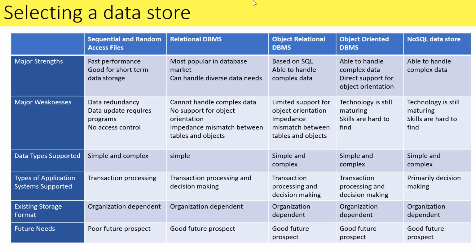We have files, or sequential and random file access. We have relational database management systems. We have object relational database management systems. We have object-oriented database management systems, and we have NoSQL or big data databases. So these are the 5 categories of data storage we have.